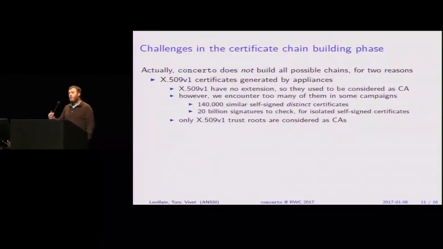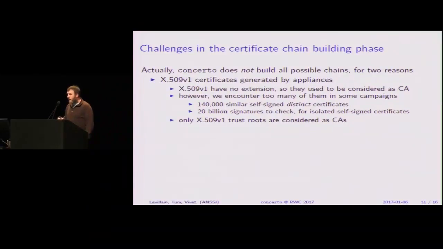Building all the possible certificate chains is a little complex, because you have two problems that lead to combinatorial explosion. The first one is X509 V1 certificates, because as they do not have any extensions, you don't know if they are certificate authorities, and up until recently, they could be considered as certificate authorities.